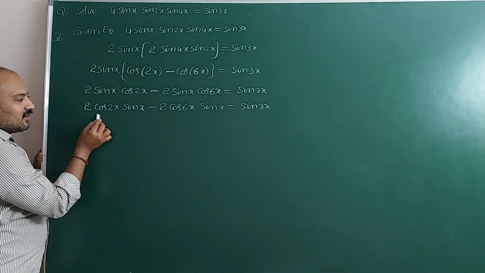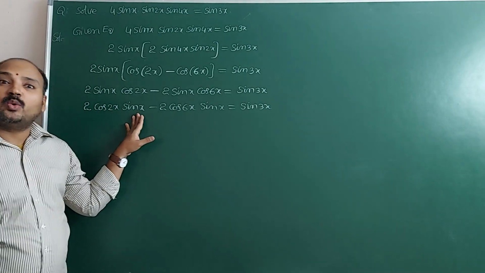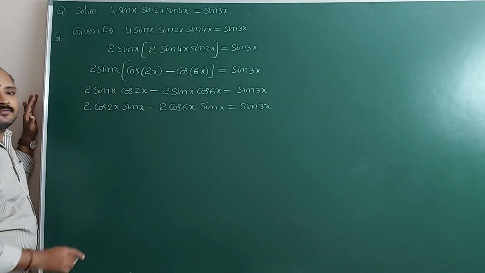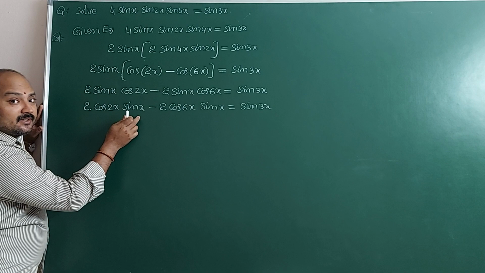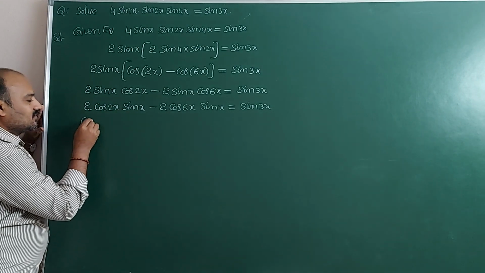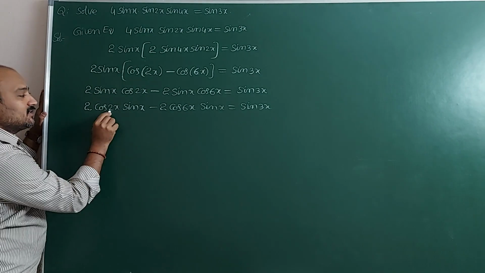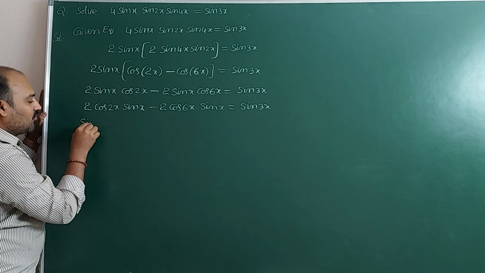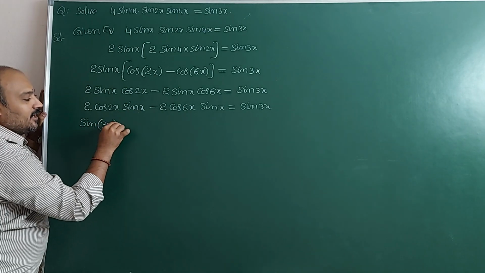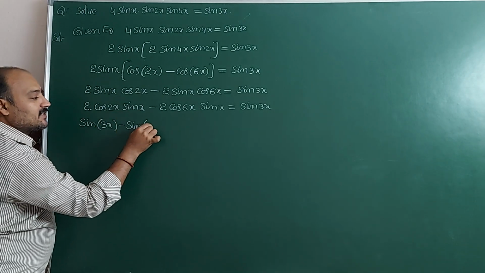This is in the form of 2 cos A sin B, which means sin(A + B) minus sin(A − B). This is A, this is B. Sin(A + B), 2x plus x, 3x, minus sin(A − B), 2x minus x, x.